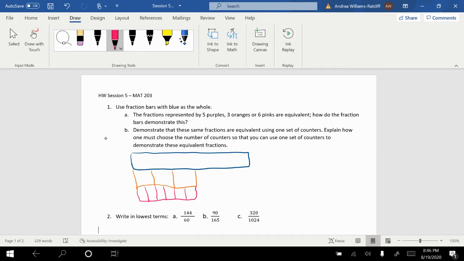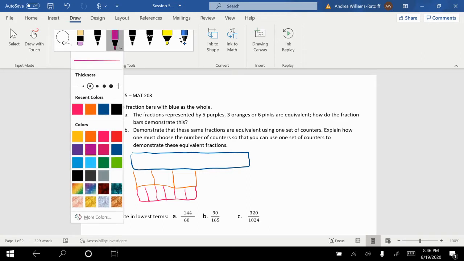Okay, so 1, 2, 3, 4, 5, 6. All right. And then 5 purples would also consume the same amount of space if we were to break this down.